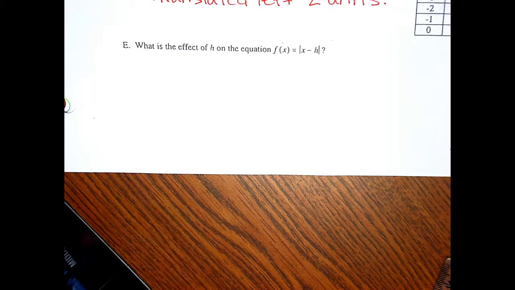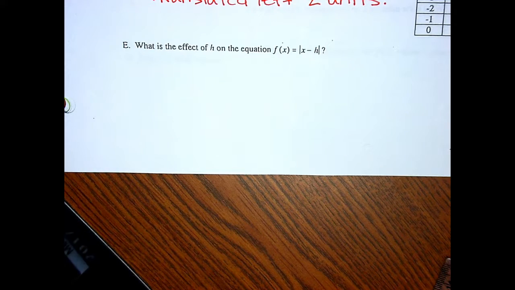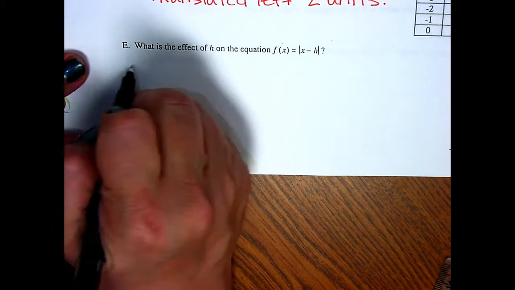So part E says, what is the effect of h on the equation f of x equals the absolute value of x minus h?